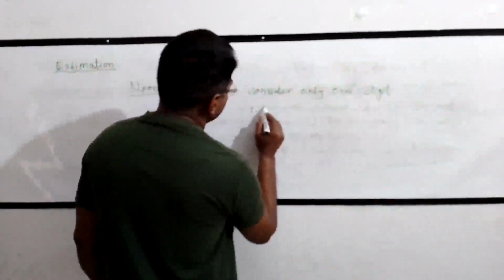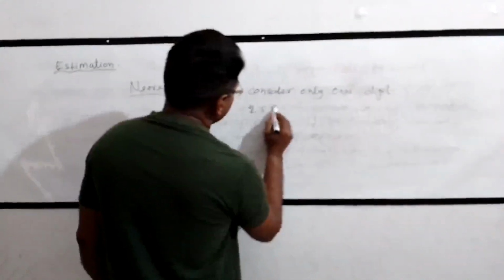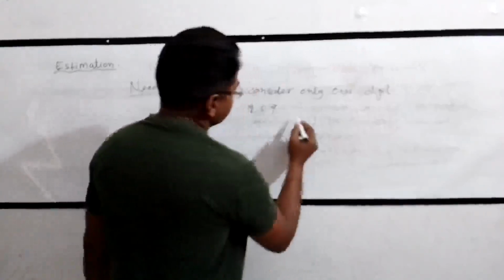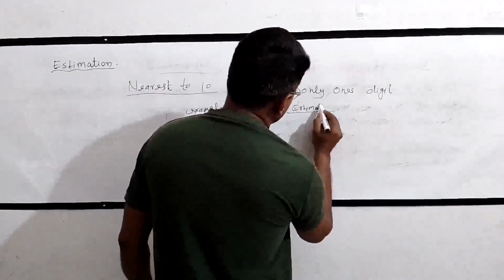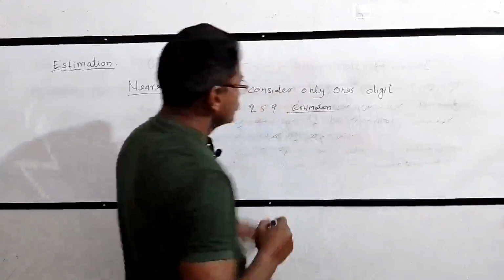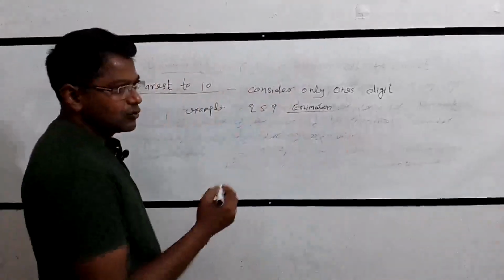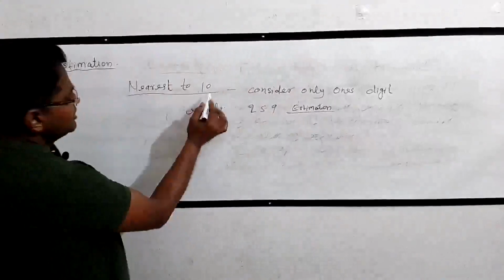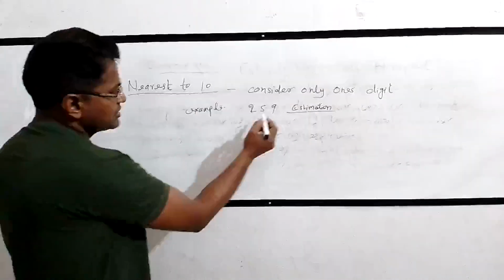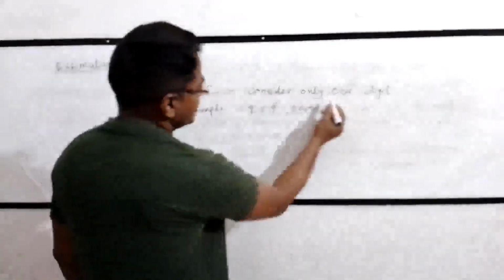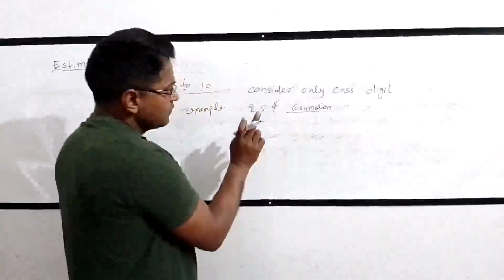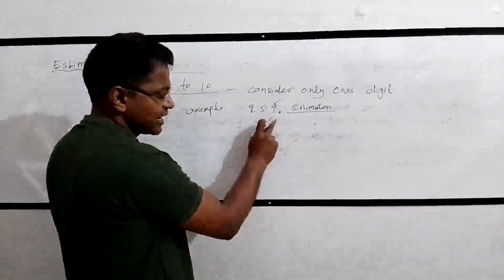Example: 259. For estimation nearest to 10, you have to consider only this figure. This is the ones digit, which in this case is 9.